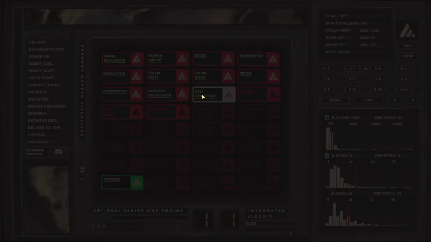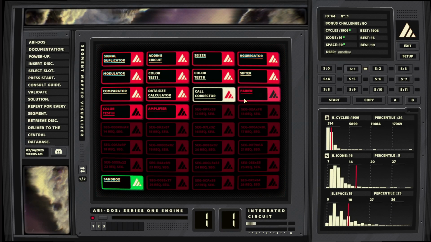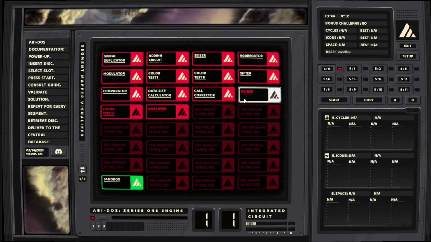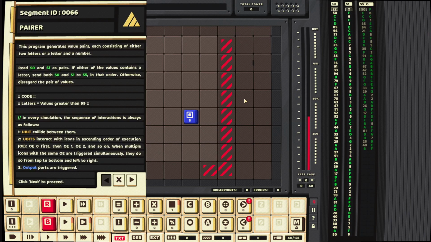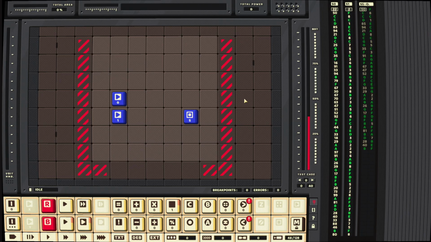Okay, back to... Nope, we just did Call Corrector. To Pairer. I'll put them in order, otherwise it said throw them away? Yeah. So disregard, sure.